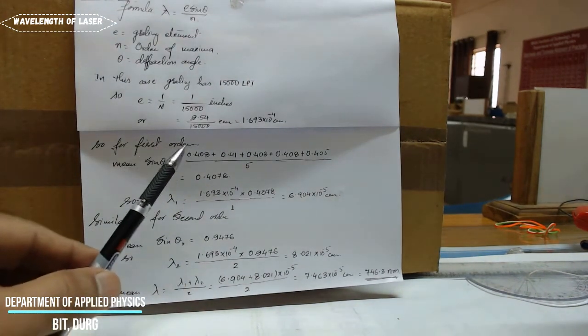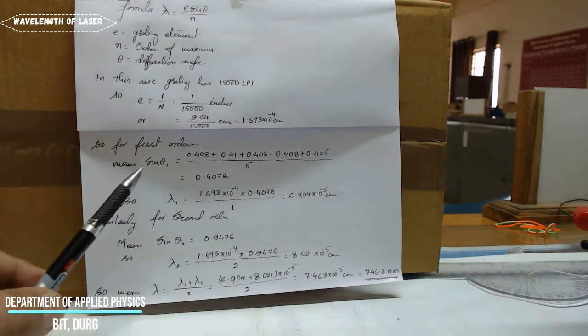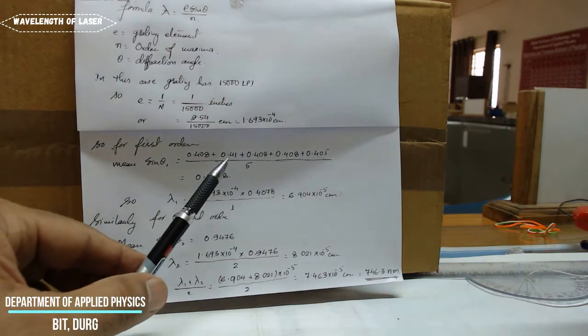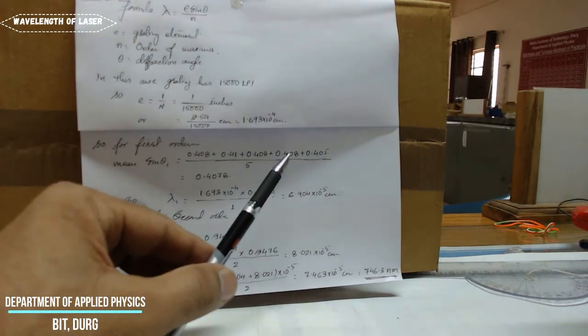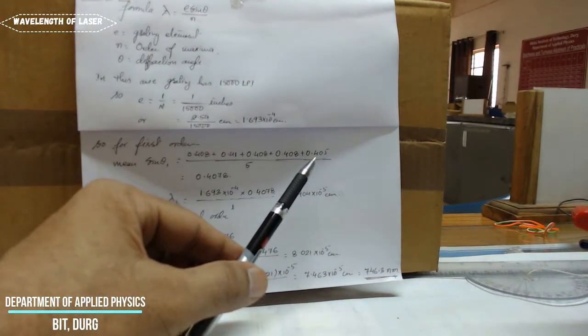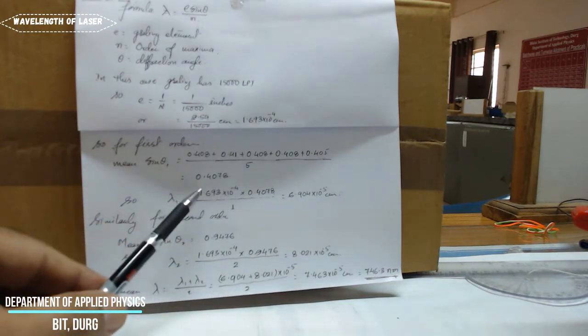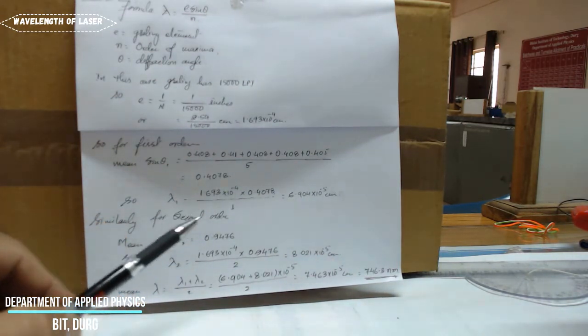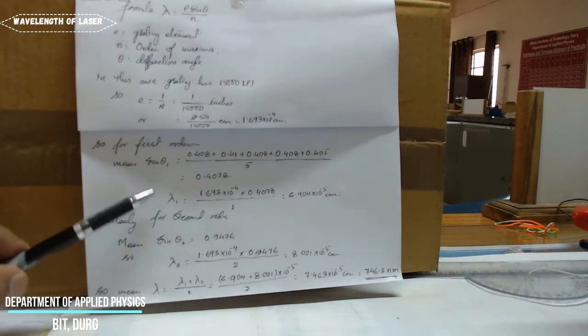Now for the first order spectra, I have calculated the mean of sin theta. It is 0.408 plus 0.41 plus 0.408 plus 0.408 plus 0.405 divided by 5, which comes to equal 0.4078. So I calculate the value of lambda here.